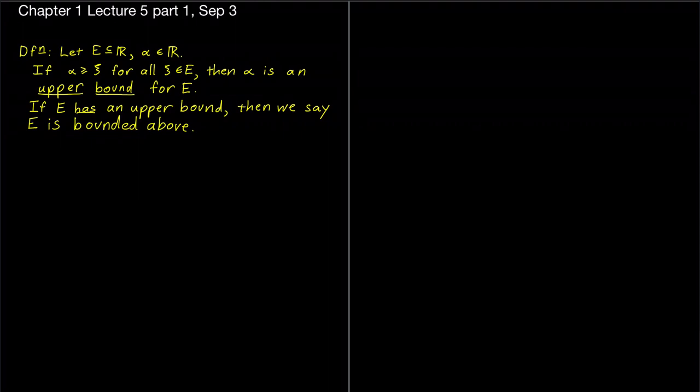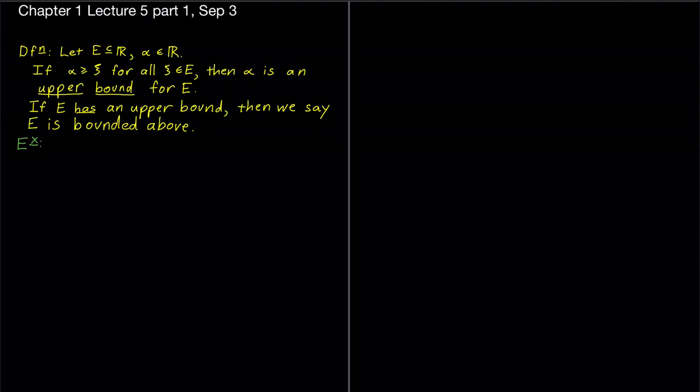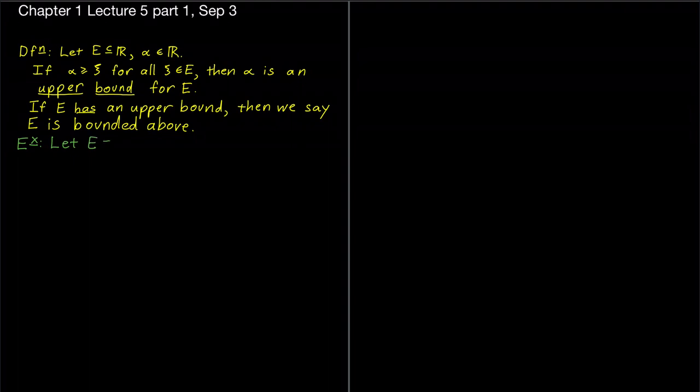So, for example, remember, let E be the natural numbers. You can think of a natural number as an integer. You can identify an integer with a rational number. You can identify a rational number with a real number.